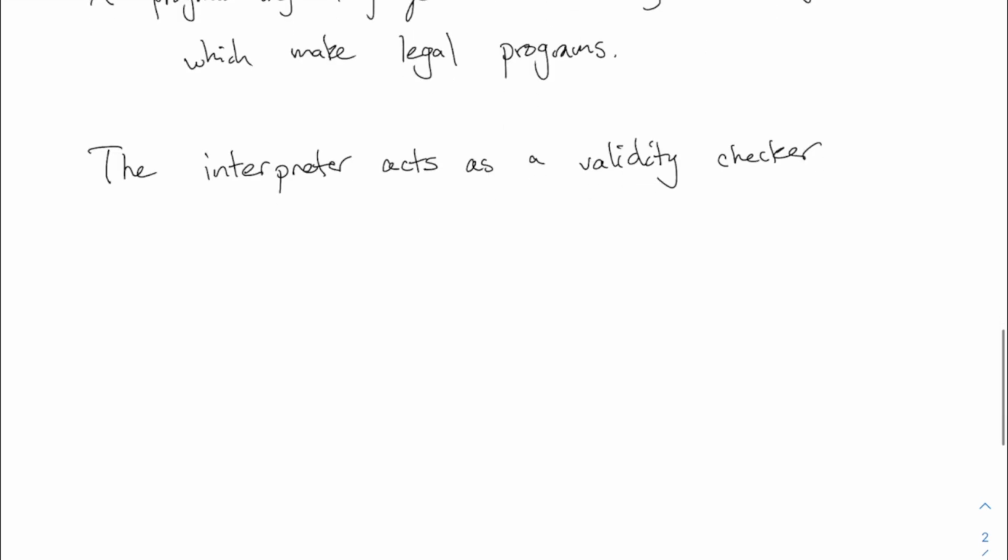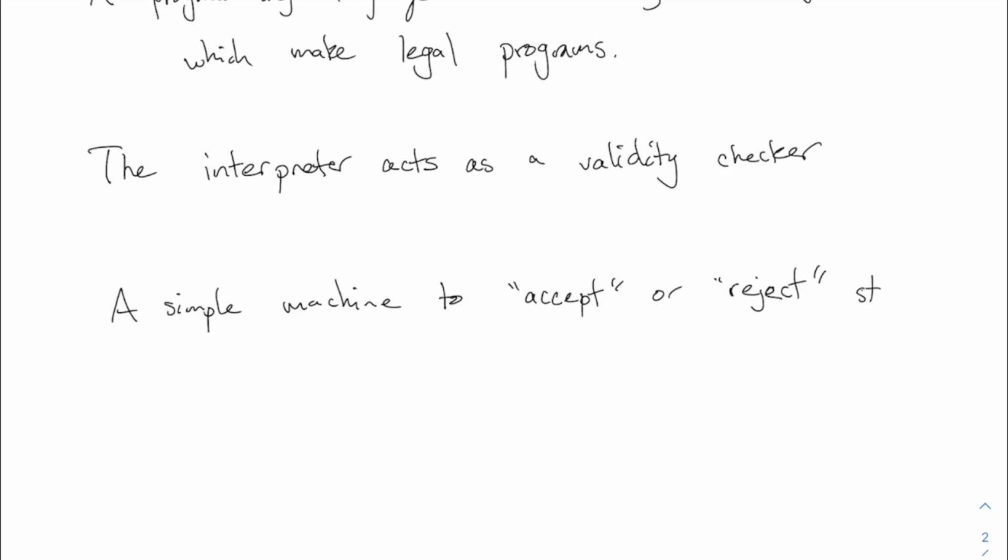So we're going to talk about a simple machine, and the terminology we're going to use is either accept or reject strings. You could think of this like a computer which doesn't really actually do anything, but it just reads a string and tells you if that string is legal or not. It is either accepted or rejected.